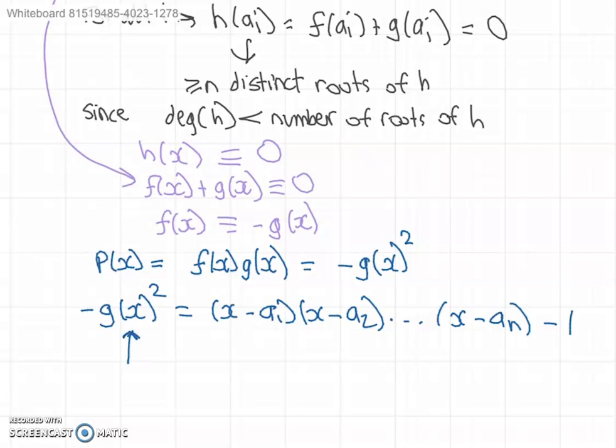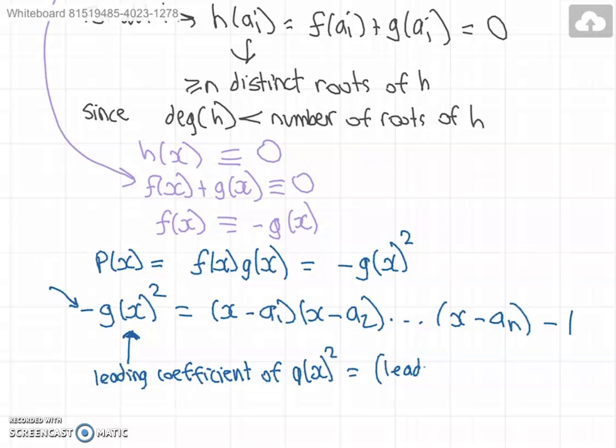To find the leading coefficient of g of x squared, just ignoring the negative sign at the moment, that's the same as the square of the leading coefficient of g of x.